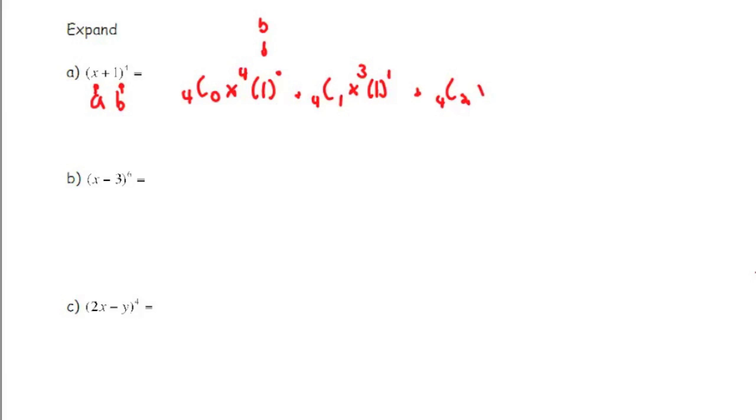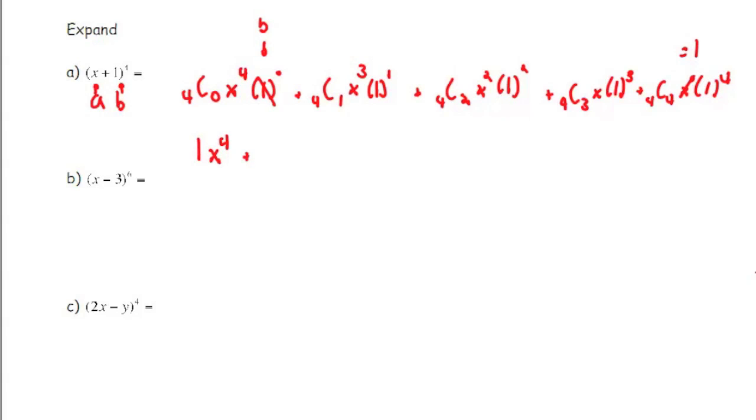So remember, our a powers are going down, and now our b powers are going up. And keep going. 4 choose 2 x squared 1 squared plus 4 choose 3 x times 1 cubed plus 4 choose 4, and that's x to the 0, 1 to the 4, but remember that's just equal to 1.